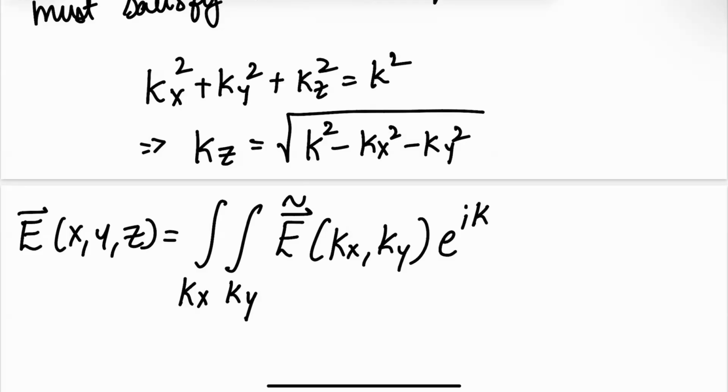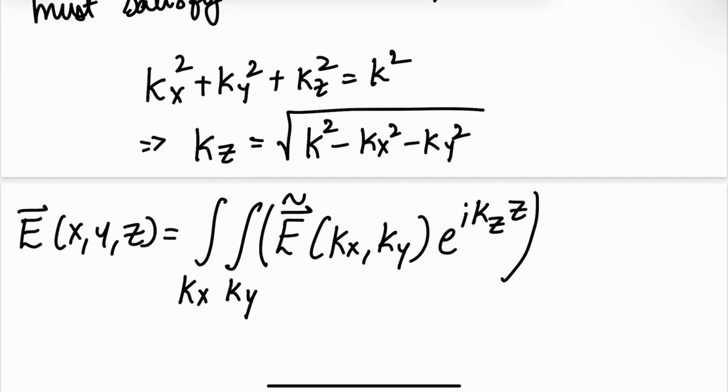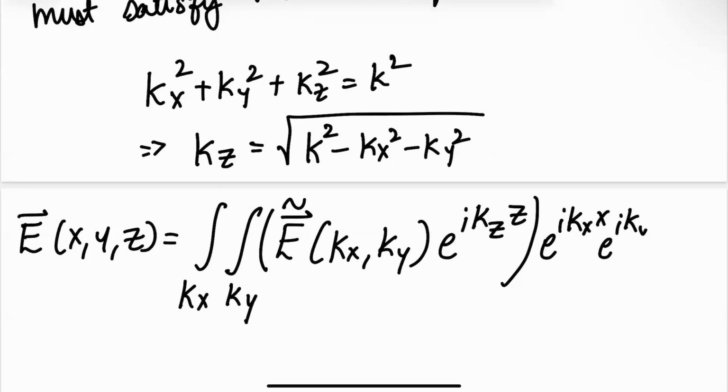You have your e to the i kz z, where kz is given by this. So it's not an independent variable. This whole thing times e to the i kx x, e to the i ky y, dkx, dky.